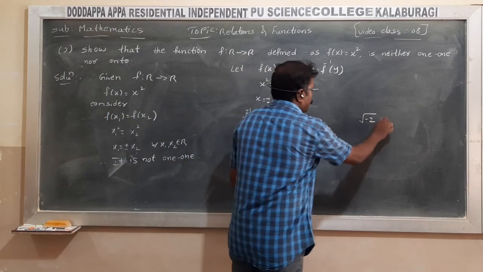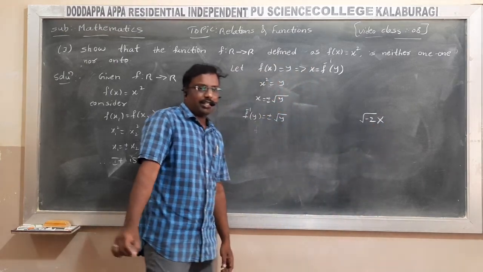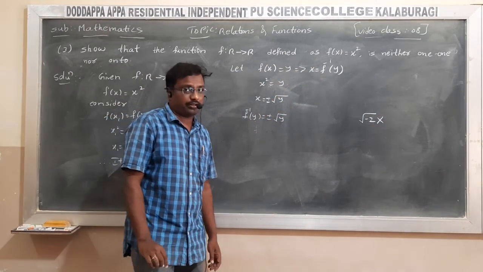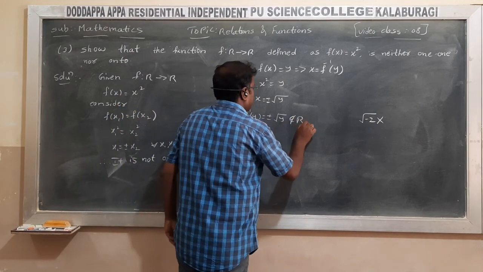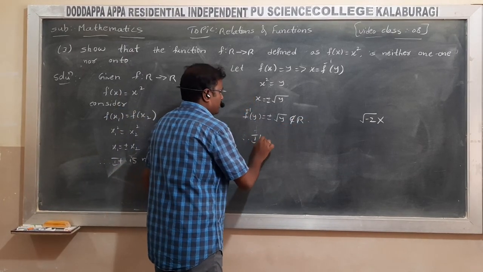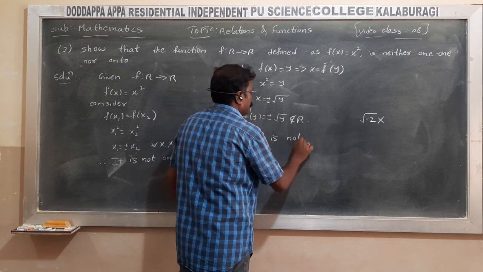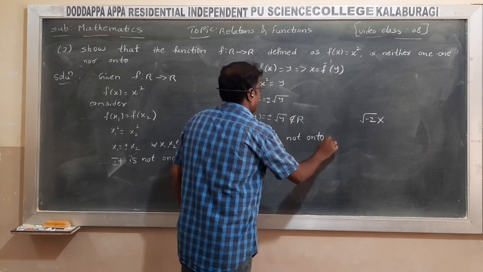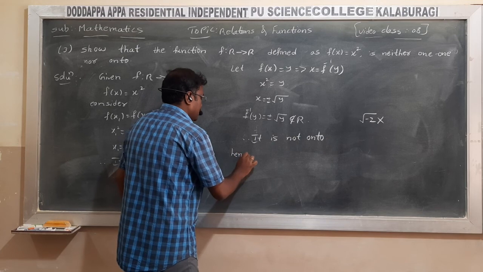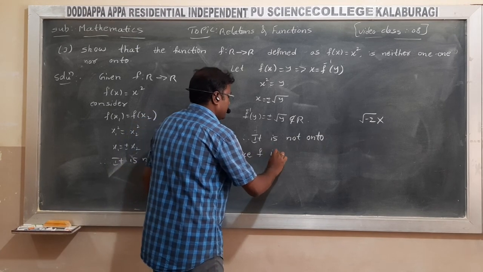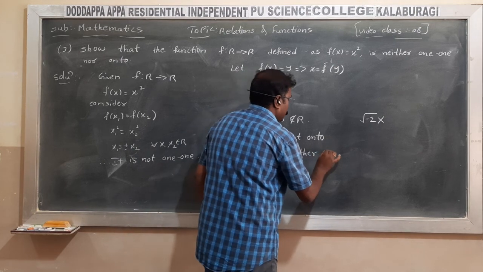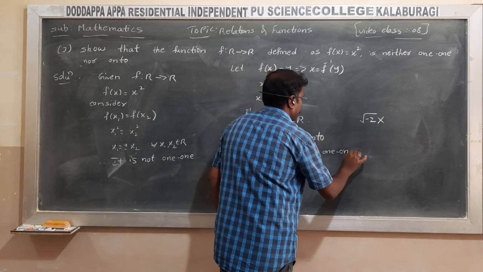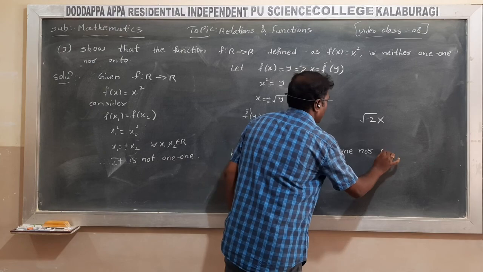No, it is not an irrational number, it is an imaginary number. But an imaginary number does not belong to real numbers. So that's why it is not an onto function. Hence f is neither one-one nor onto.